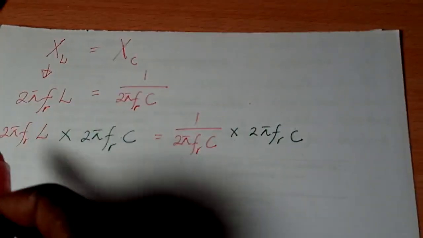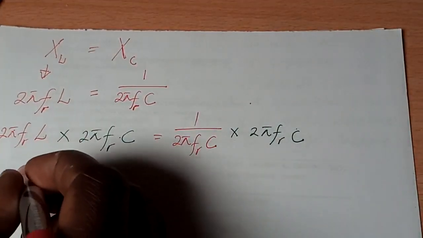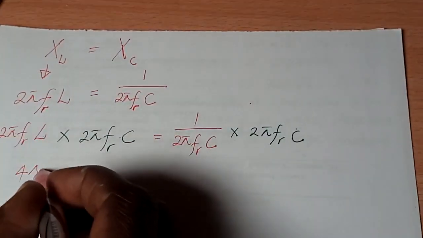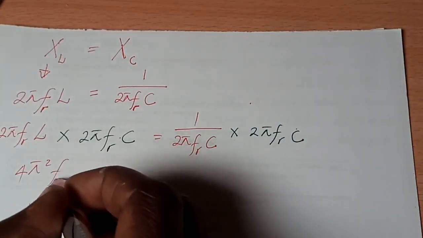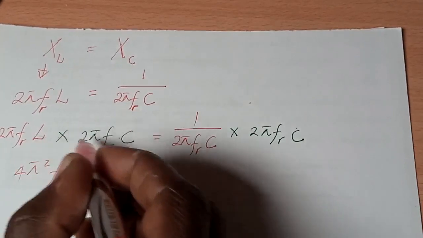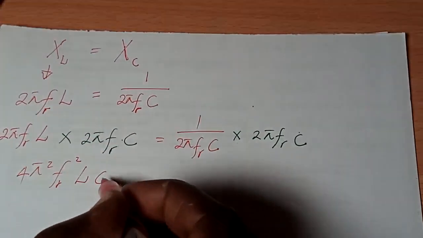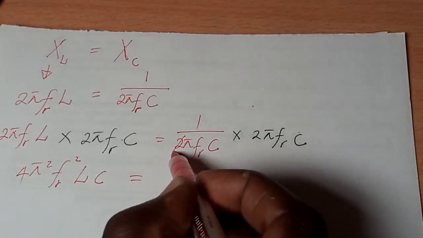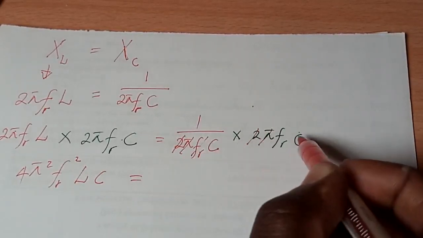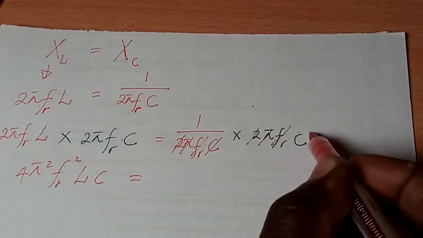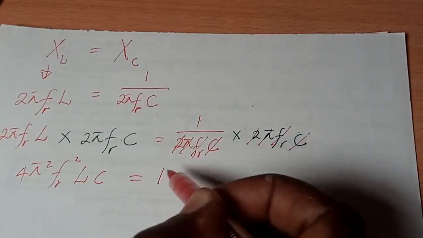Here now 2 times 2 gives 4, pi times pi gives pi square, F sub R times F sub R gives F sub R square, L times C gives LC, and this is equal to, here 2 cancels 2, pi cancels pi, F sub R cancels F sub R, C cancels C, and you have 1.